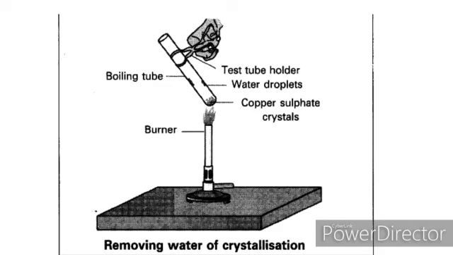So because of heating, copper sulfate is turning white in color. Water molecules are evaporating and it is turning white in color. Again, when you add 2 or 3 drops of water to that anhydrous salt, it turns blue in color again.